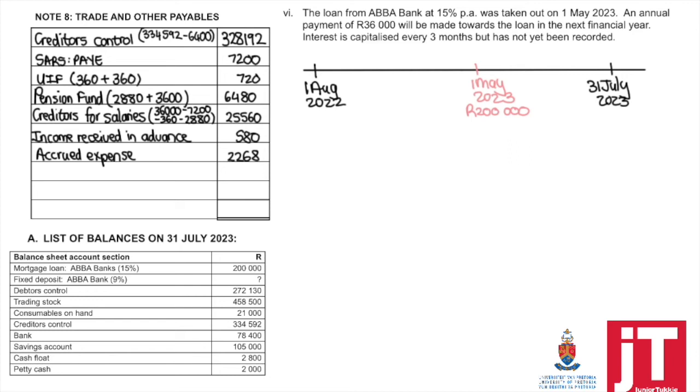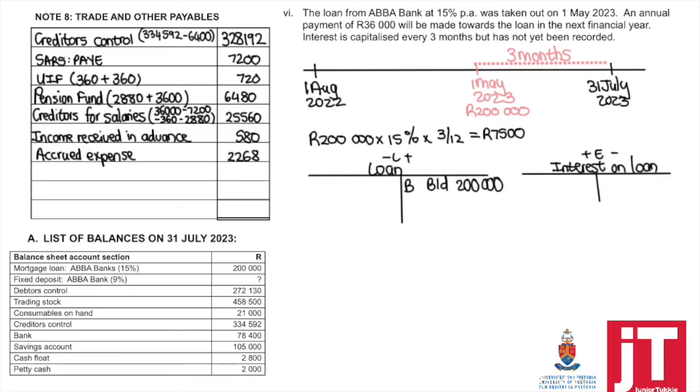It means that 200,000 we're going to say for 3 months at 15% means that the interest that is still outstanding, or the interest that we paid, will be 7,500. Interest is capitalized, which means it will be added to the loan account. That balance, 207,500, is now after the interest has been added.